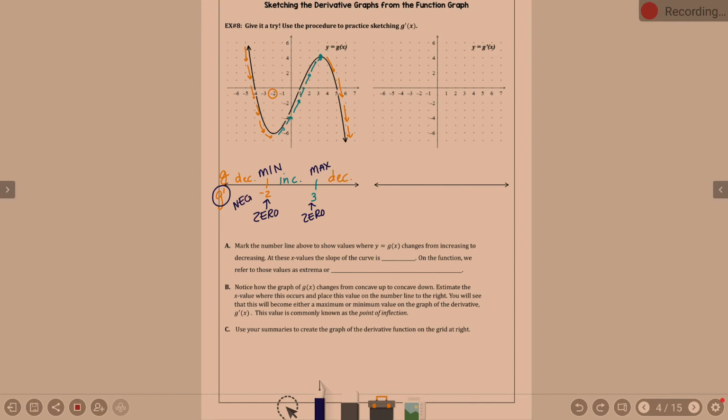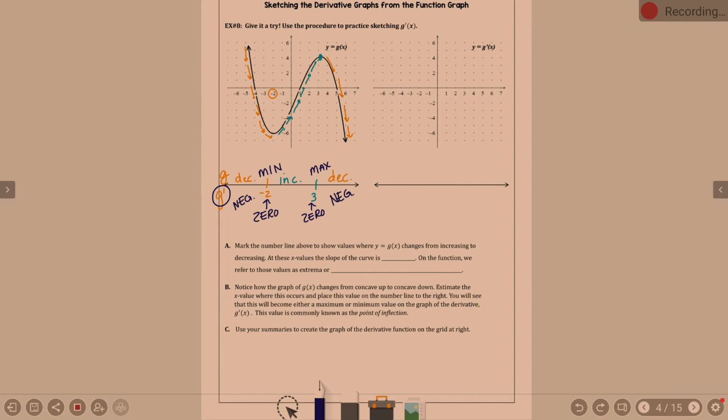It's going to be negative in this area. Negative on a graph just means it's below the x-axis. How can you be below the y-axis? Don't ask. Okay. So any place my graph was decreasing, my derivative is going to be negative, because a decreasing graph is a negative slope.